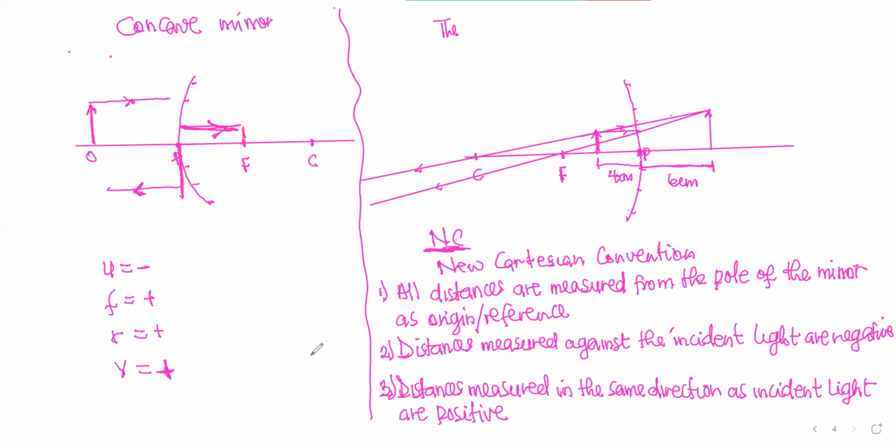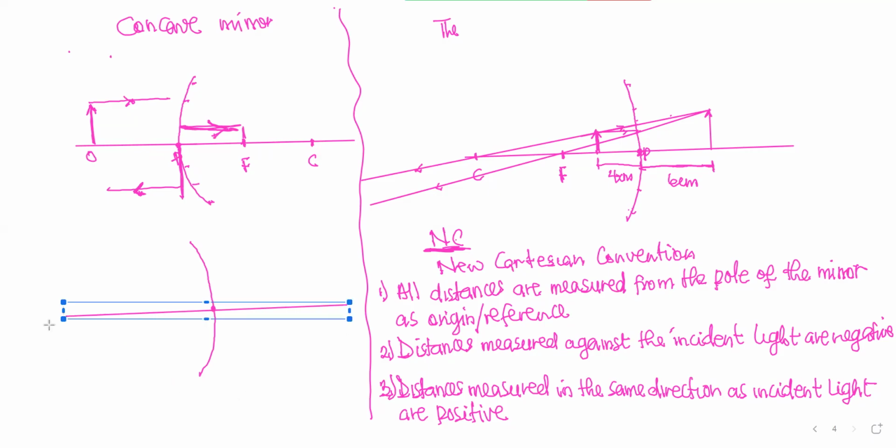Just this simple. Now, if it happens that for the new Cartesian convention, whether concave or convex, the object is always placed at the left-hand side, so look, this is convex, this is also concave.